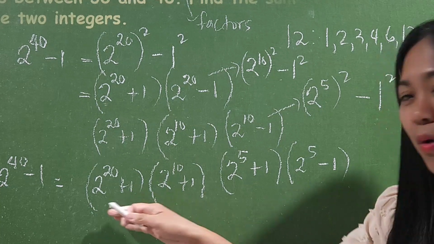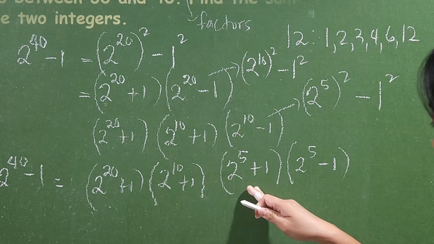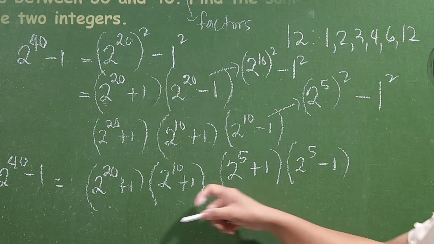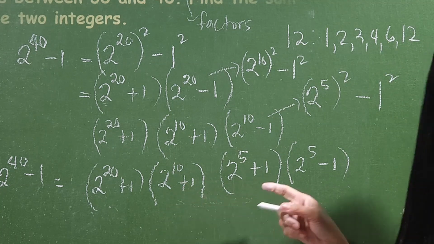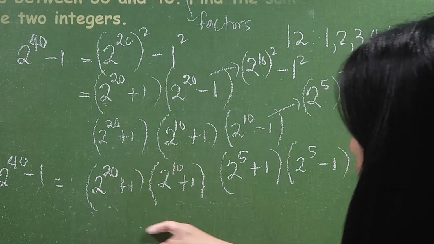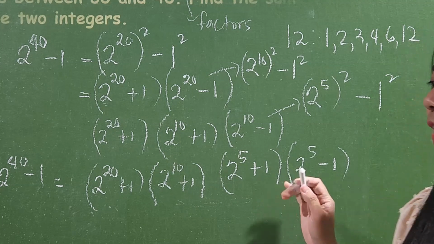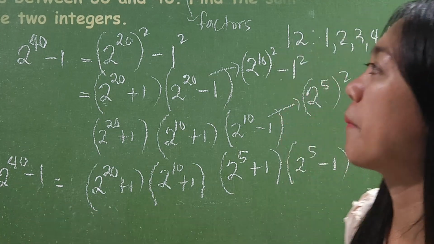This times this one is also a factor. This times this is also a factor. If you multiply this number and this number, this is also a factor. Or multiply these four numbers, these are also factors of this number.